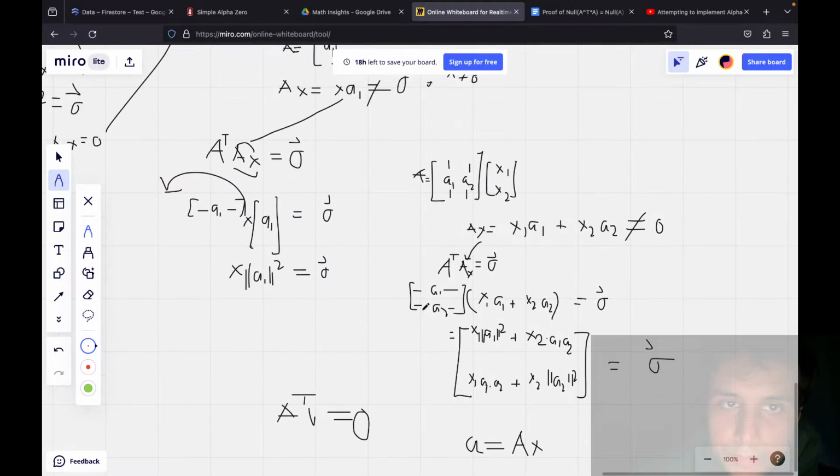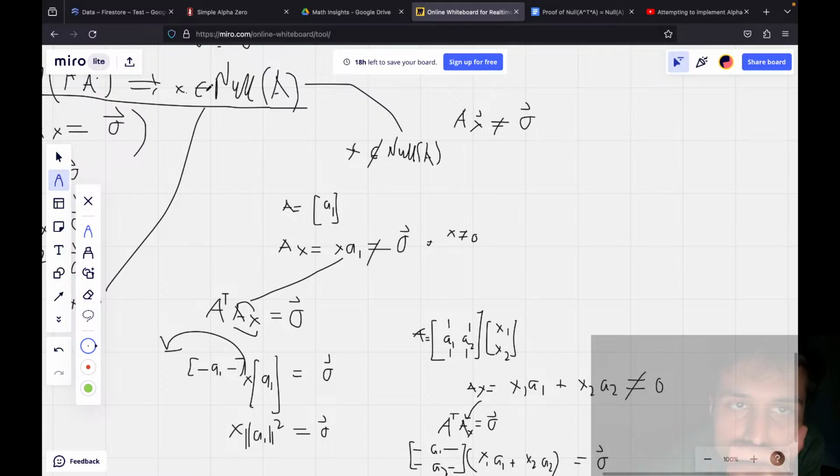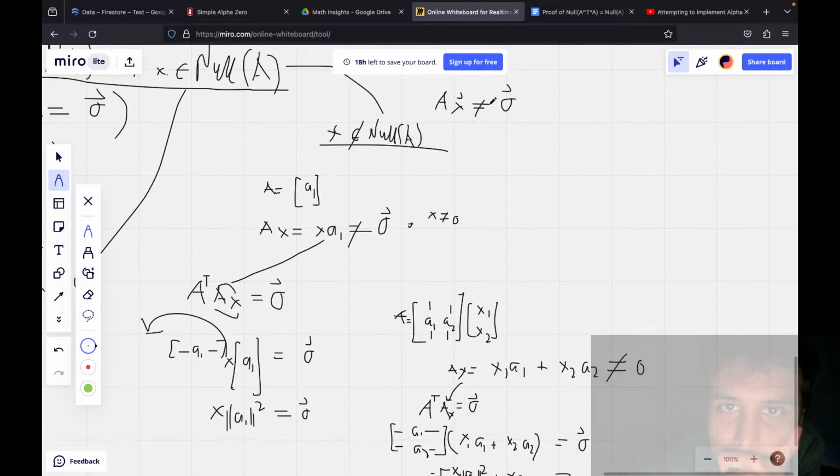If we start by saying x is not in the null space of A, then Ax is not equal to 0.